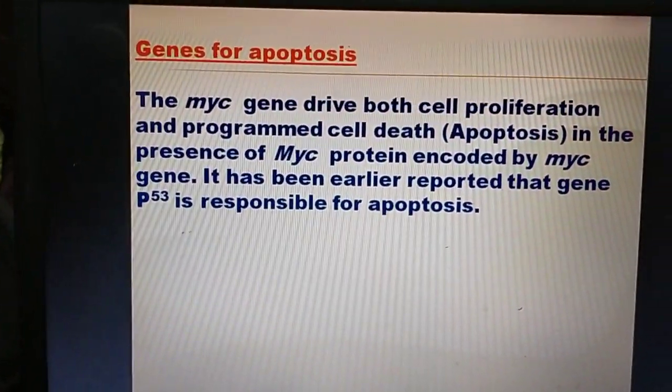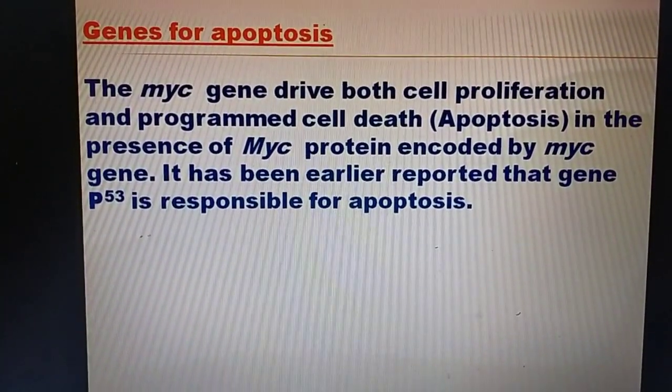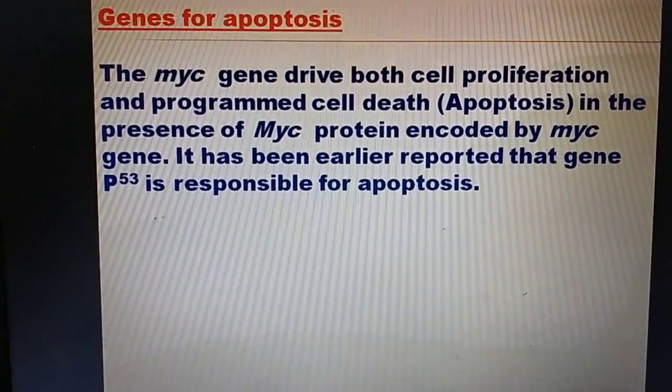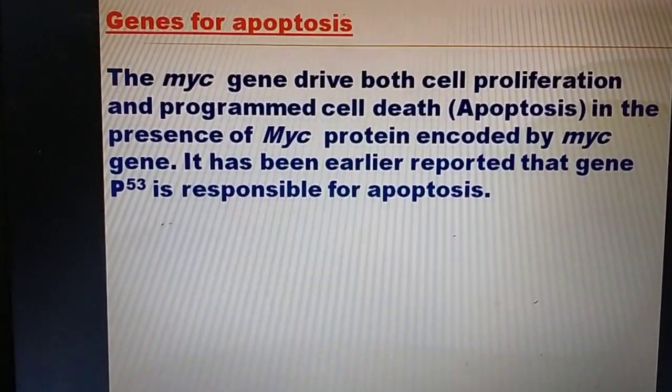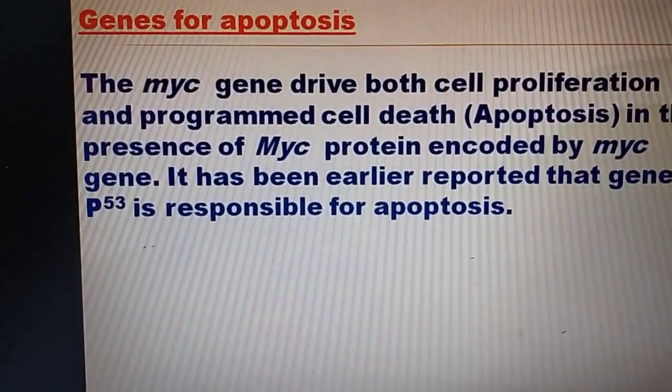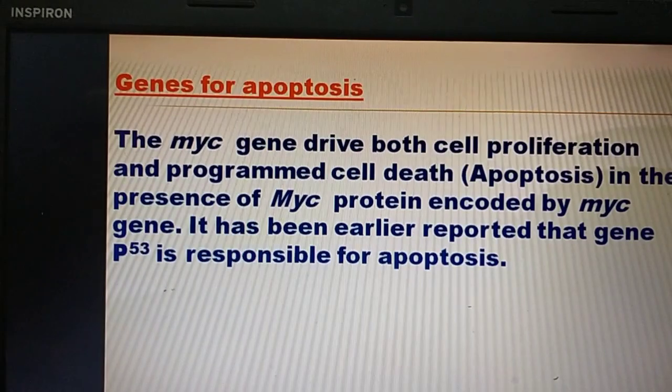Genes for apoptosis. The MYC gene drives both cell proliferation and programmed cell death. In the presence of MYC protein encoded by the MYC gene, it has been reported earlier that gene P53 is responsible for apoptosis.